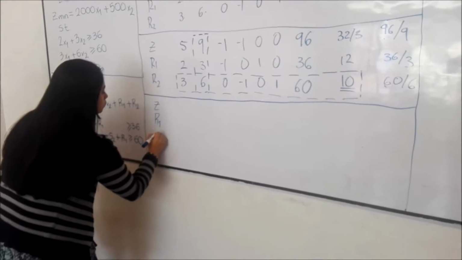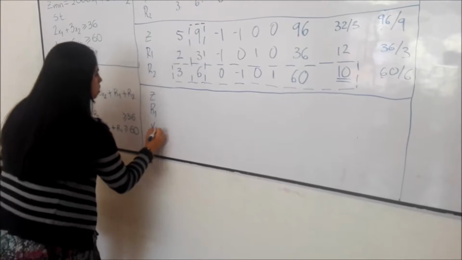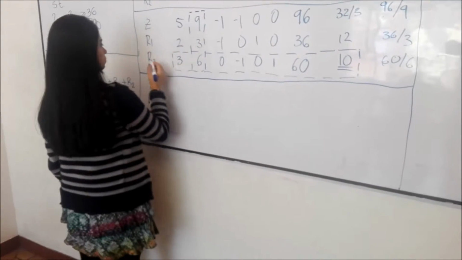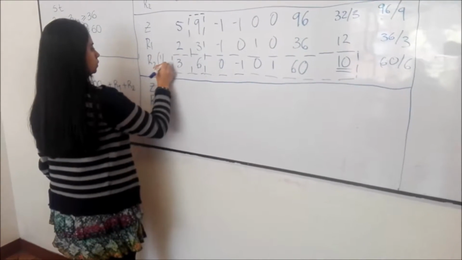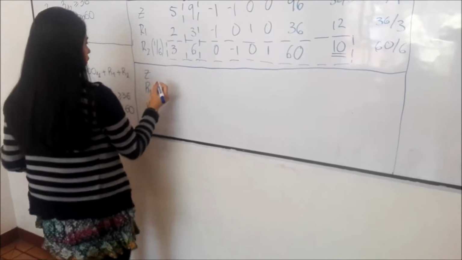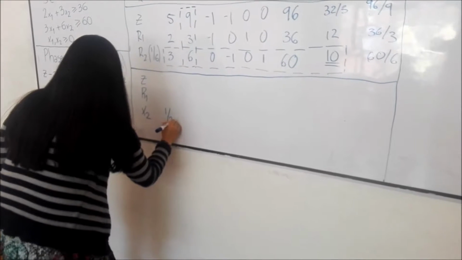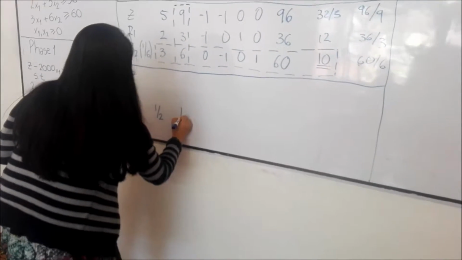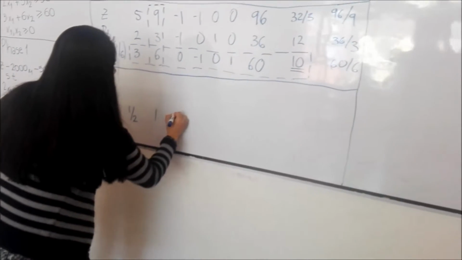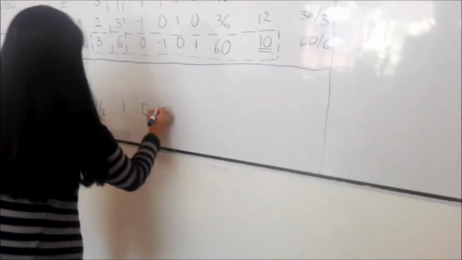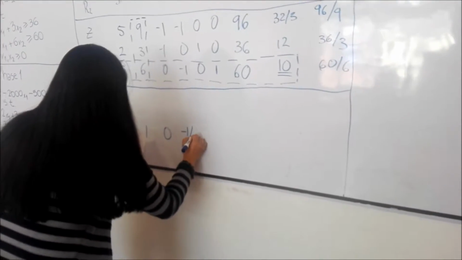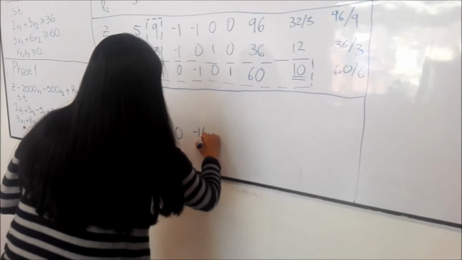Now we must change the 6 into 1, for that we must divide the row by 6. x1 is 1 over 2, x2 is 1, s1 is 0, s2 is minus 1 over 6, r1 is 0, r2 is 1 over 6, solution 10.